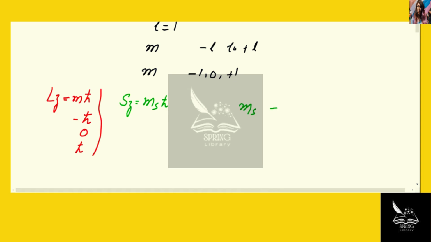These are plus half and minus half. So we have the first value of z component of spin angular momentum, that is equal to half of h cut, and the second value is minus half of h cut.